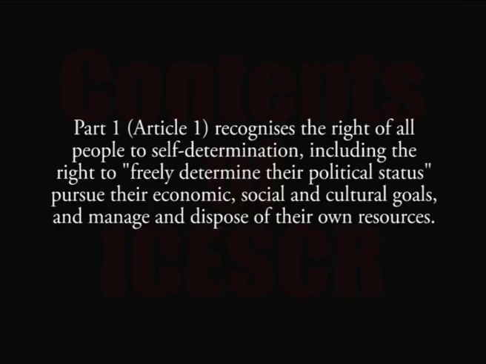The Covenant follows the structure of the UDHR and ICCPR with a preamble and 31 articles divided into 5 parts. Part 1, Article 1 recognizes the right of all people to self-determination, including the right to freely determine their political status, pursue their economic, social and cultural goals, and manage and dispose of their own resources.